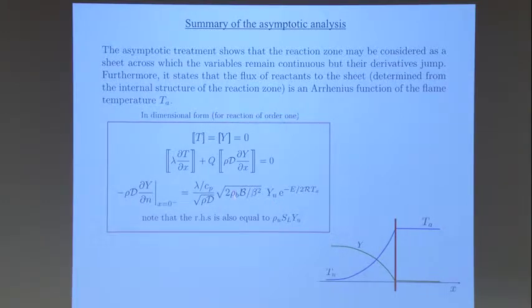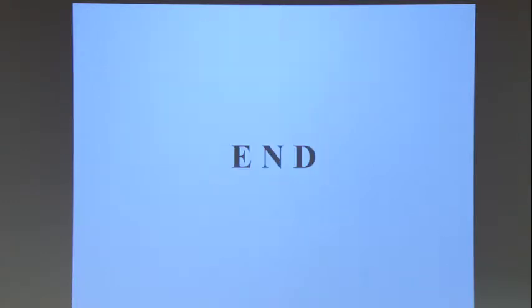And by the way, this is equivalent, right? The right-hand side is equivalent to rho_u SL YU, which is the flux at the speed SL, okay? In other words, I could have taken the expression that I derived before and substituted here and shown that this is SL. It's just an obvious statement. Okay, so the next thing I would like to do, which is in the next lecture, is to slightly generalize this statement.